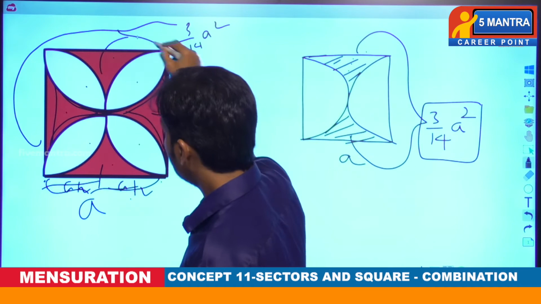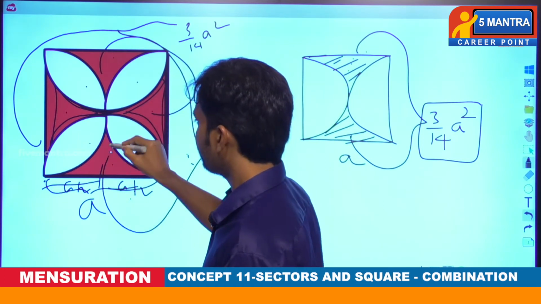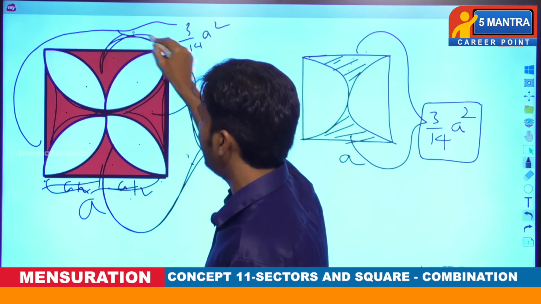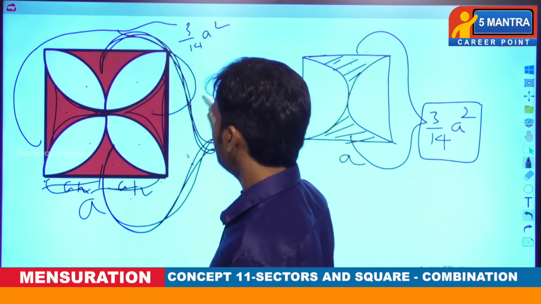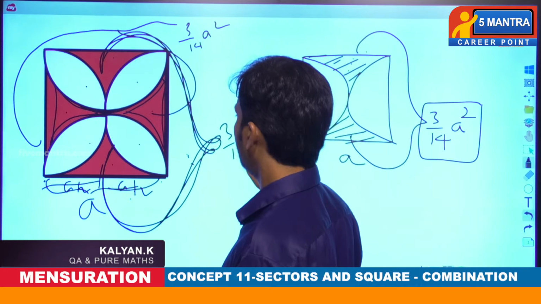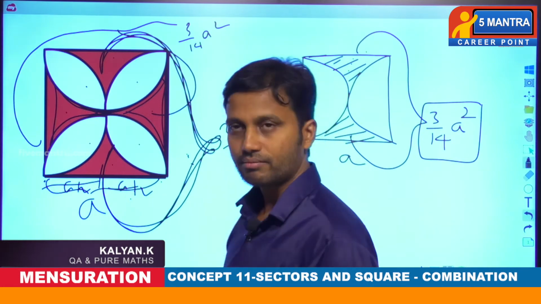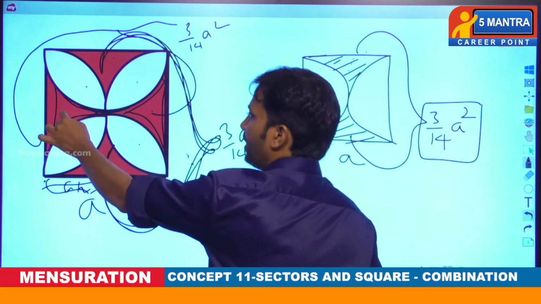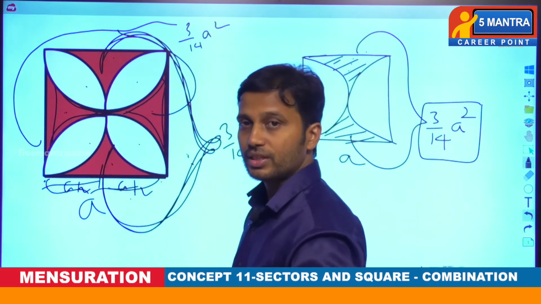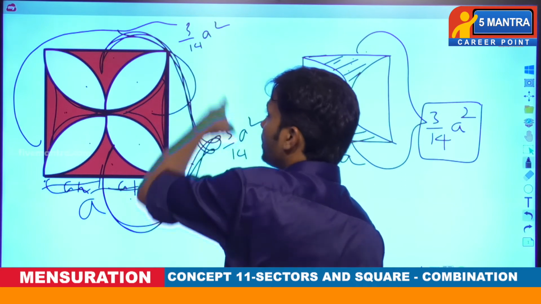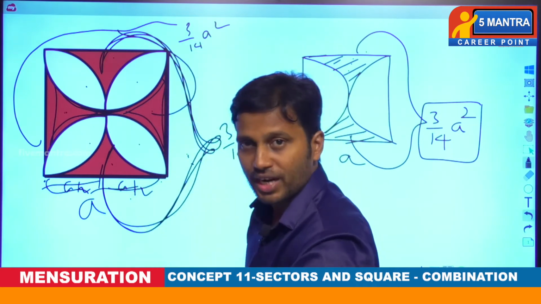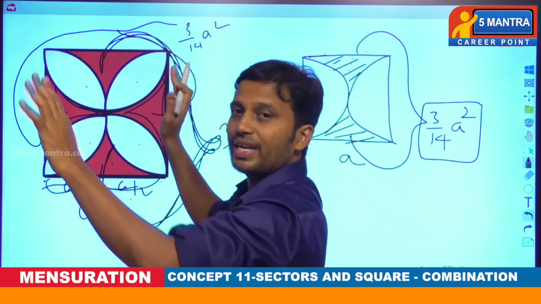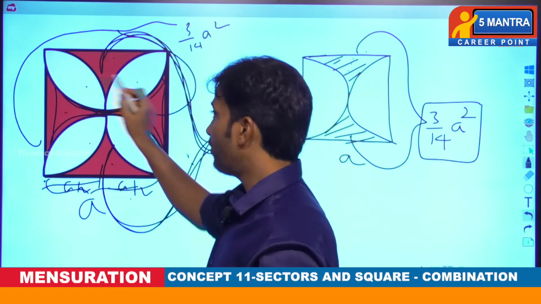Similarly, for these two gaps also, just see my pen point, this would also be 3 by 14 A square. So all these pink colored areas would be 2 times 3 by 14 A square. If we subtract all these pink colored portions from the square area, can we get the flower or not?